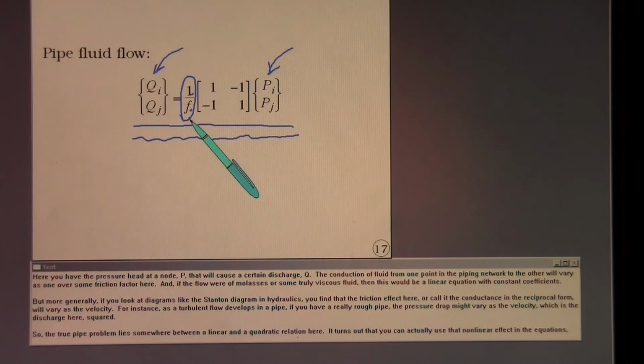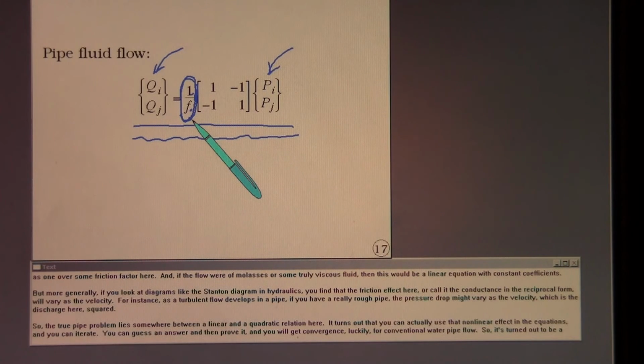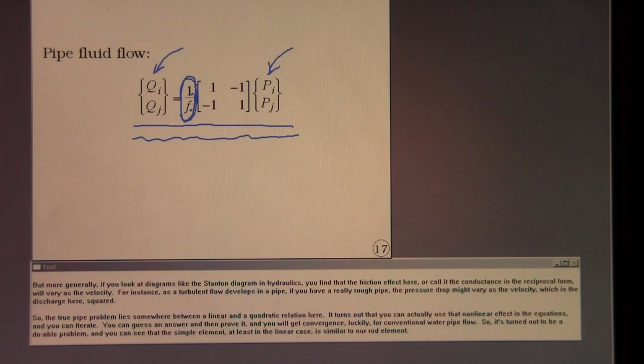But more generally, if you look at diagrams like the Stanton diagram in hydraulics, you find that the friction effect here, or call it the conductance in the reciprocal form, will vary as the velocity. For instance, as a turbulent flow develops in a pipe, if you have a really rough pipe, the pressure drop might vary as the velocity, which is the discharge here, squared.